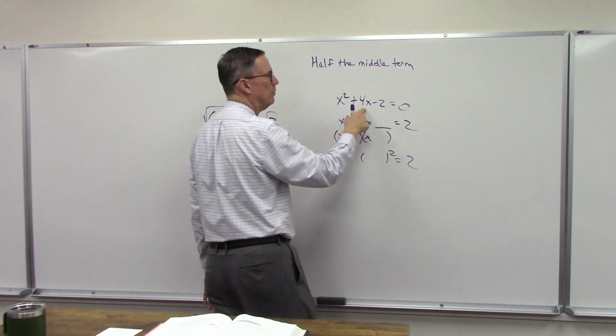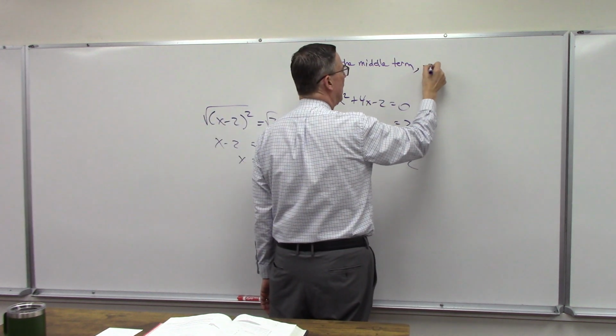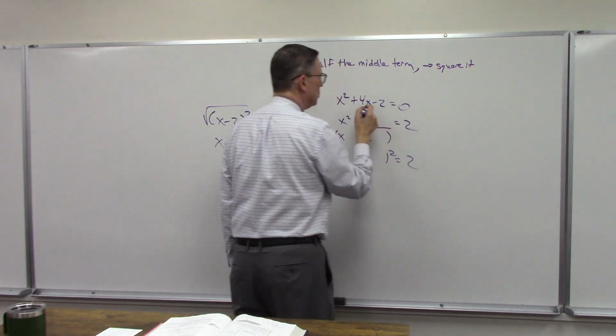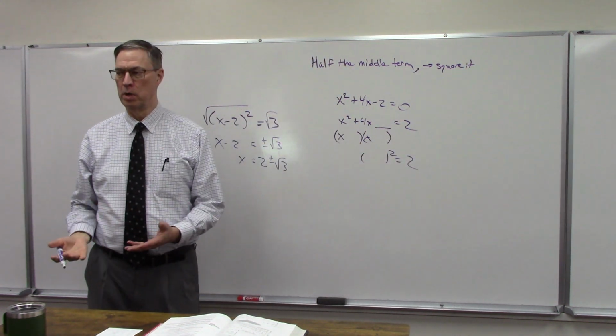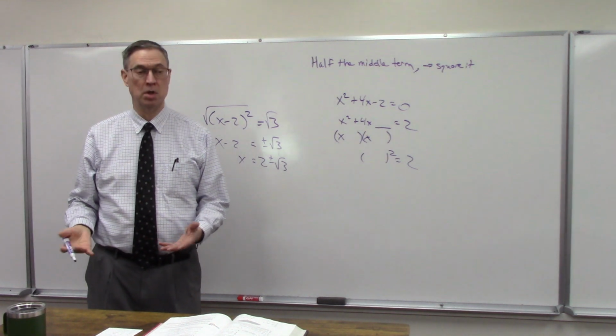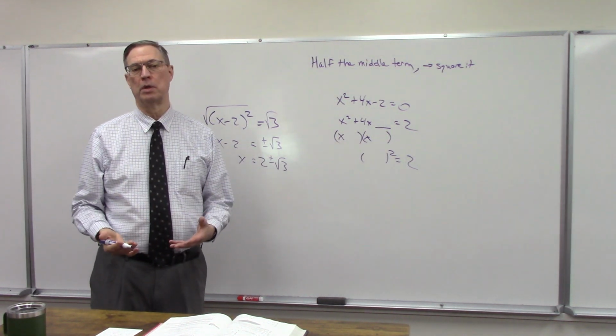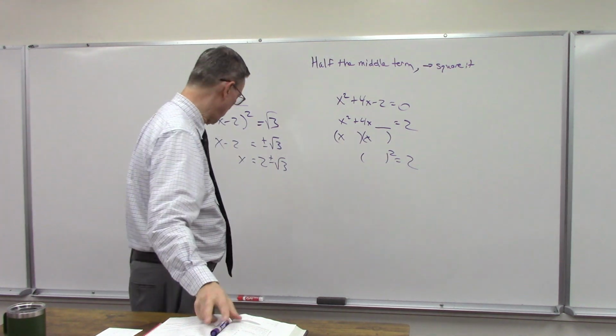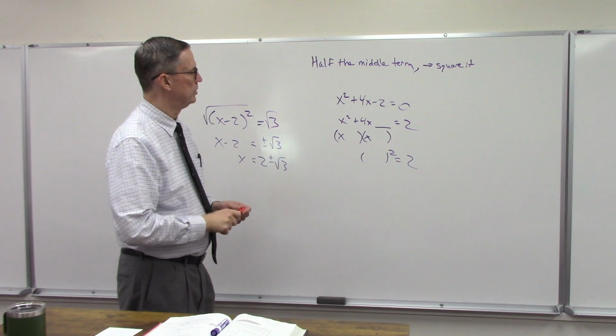So you take half the middle term, and then we're going to square it. So what's half of 4? 2. What's 2 squared? 4, right?